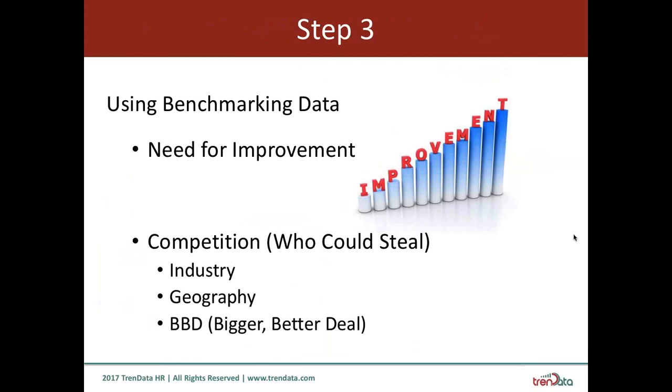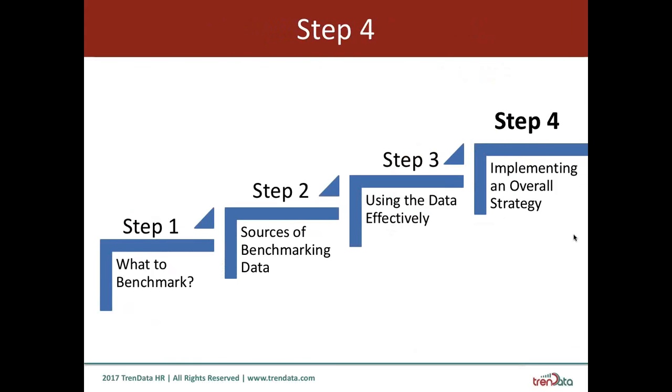Or HR is a good example. Often HR jobs are very horizontal and very transferable. So an HR person often can do their job somewhere else outside of the industry. So it might just be, who are the people around offering that bigger, better deal that you have to compete with and that you're losing. So always be able to identify your competition, not from who's beating you in business, but really who's stealing your people.